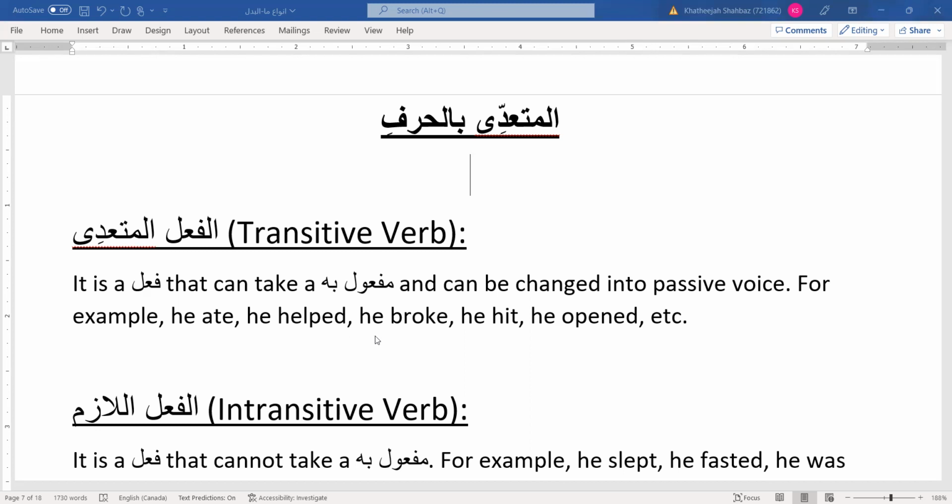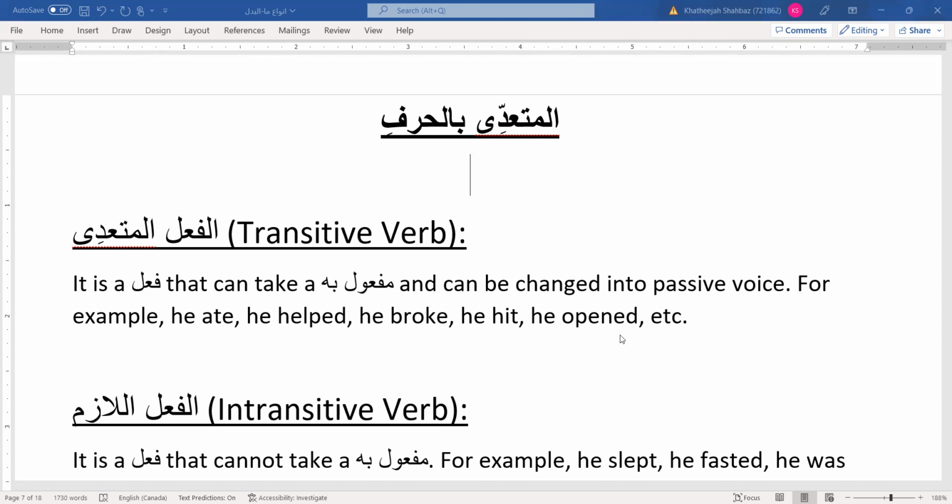He broke. He broke what? He broke a chair. So a chair is maf'ul bihi, and we can also change it into passive voice. He was broken. He hit. He hit the wall. So the wall is maf'ul bihi, and it can be changed into passive voice. He was hit. Daraba, and duriba, he was hit.